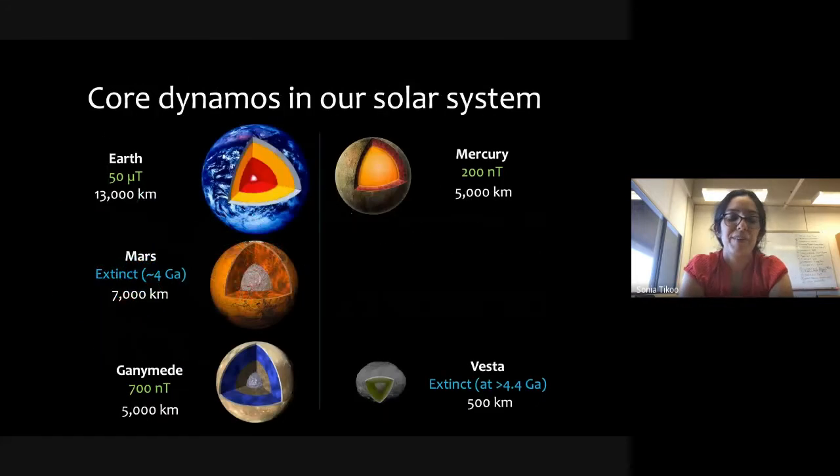And so if we take a walk around our solar system, what we find is that there is some history of magnetic fields operating on most of the rocky bodies in our inner solar system in particular. Right now on Earth, you're sitting in a nice roughly 50 microtesla magnetic field.